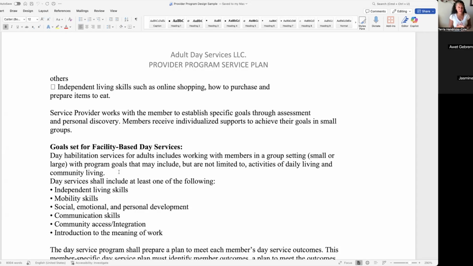Money management is another great one. Communication skills, community access, like I was mentioning earlier, how to ride public transportation. How do you get a bus pass? How do you know the bus routes? Things of that nature would be a great aspect that can go under your life skill training service.